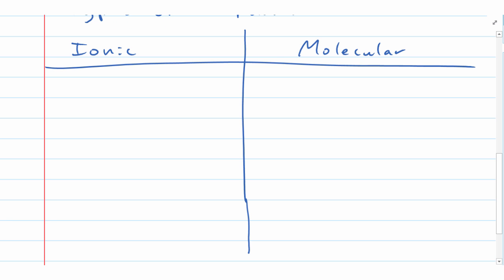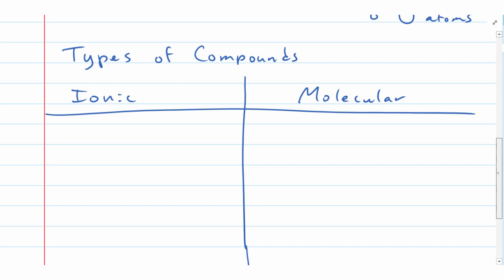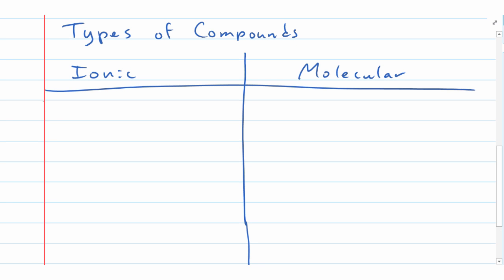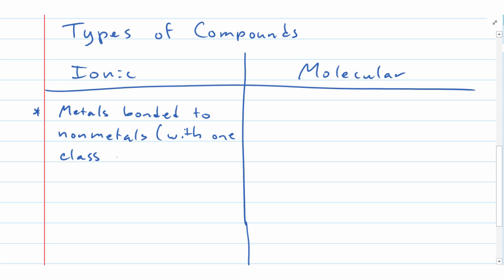Ionic compounds consist of metals bonded to nonmetals, with one class of exceptions.